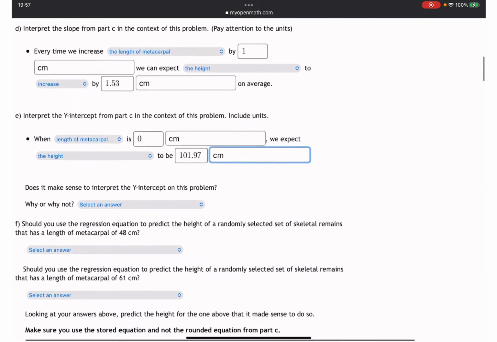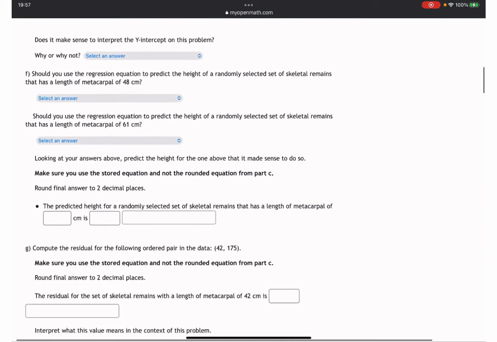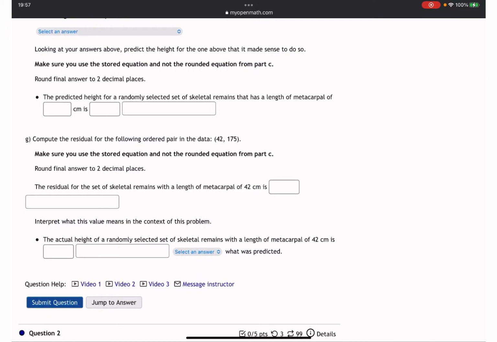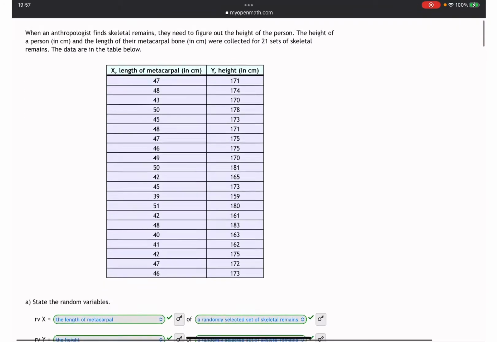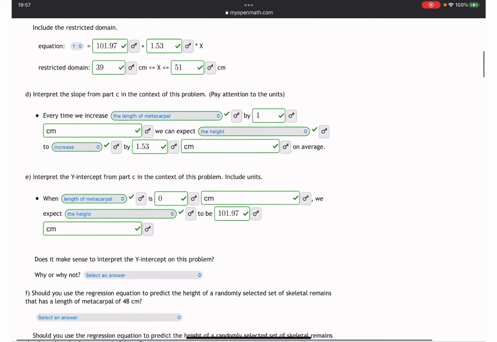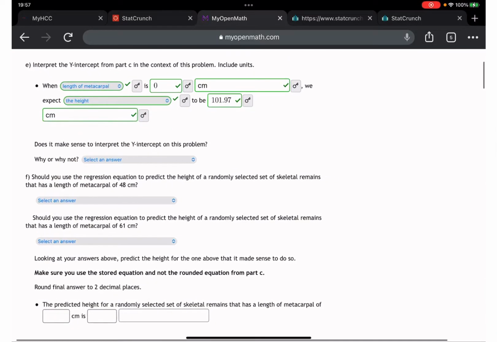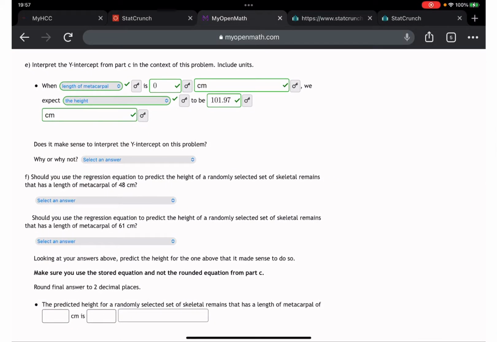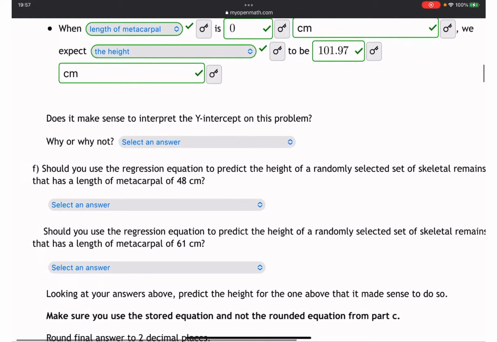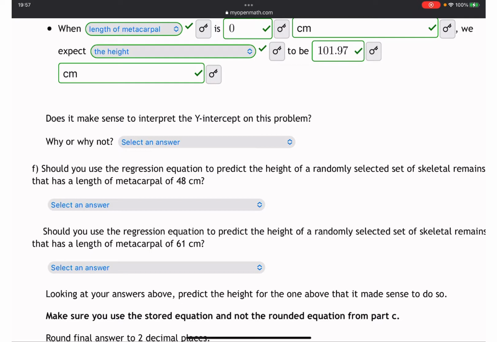All right, let's check what we have so far. Okay, we are doing good. So now moving to interpretation. Does it make sense to interpret the y-intercept in this problem?